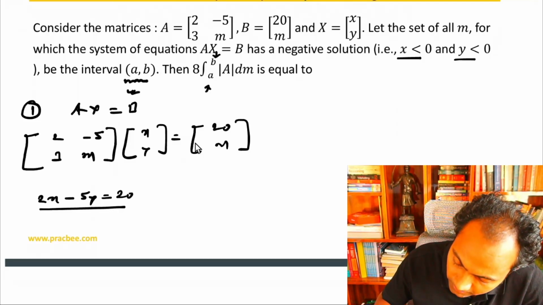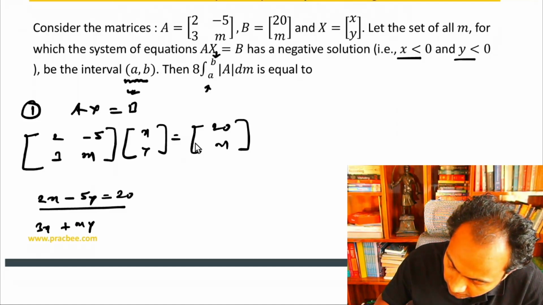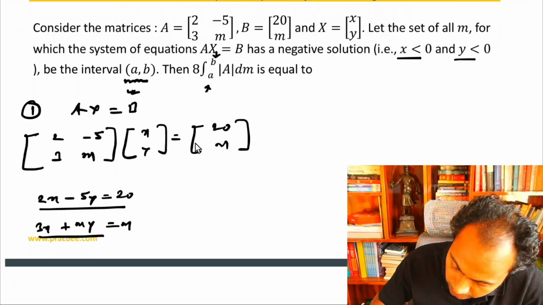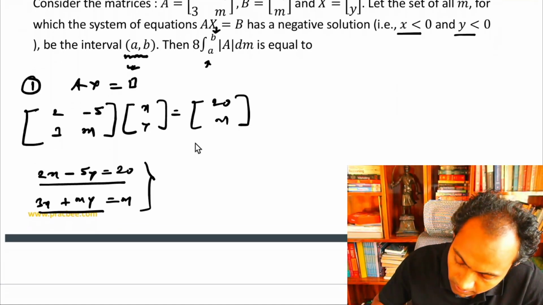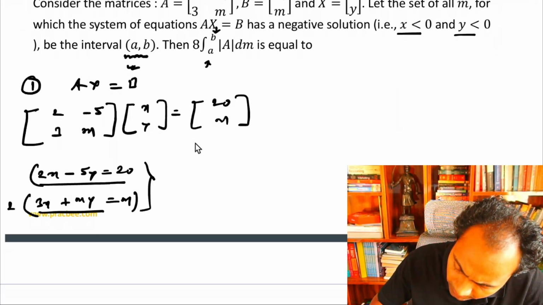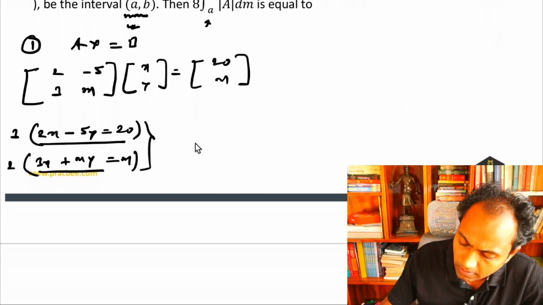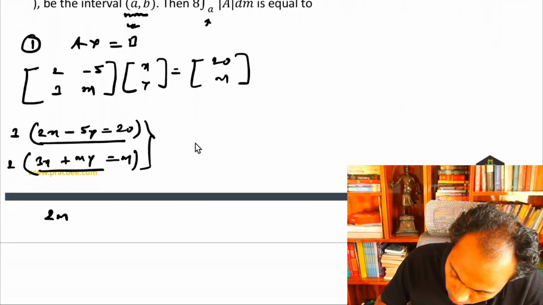And the next one will become nothing but 3x plus my is equal to m. Now this is what we are getting. Now if you want to solve this, there are multiple ways. We are going to just multiply by 2 here, multiply by 3 here and solve them. If I subtract them, this is going to become nothing but 2m plus 15m.